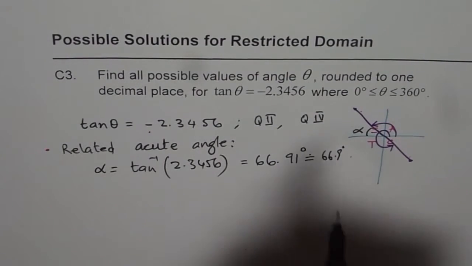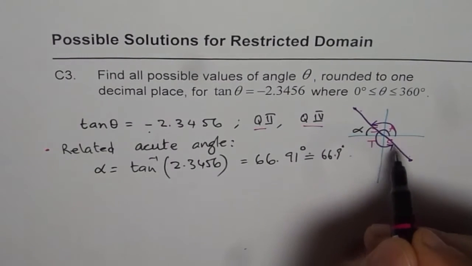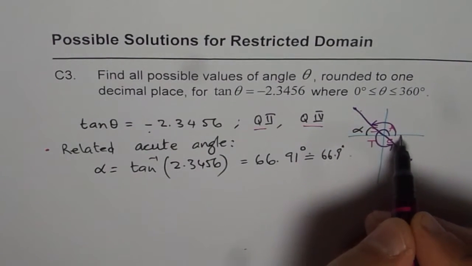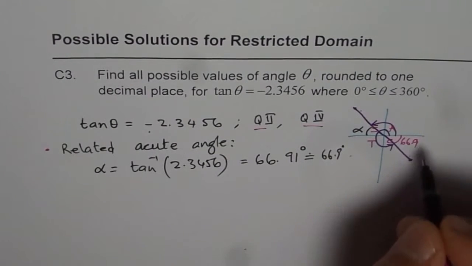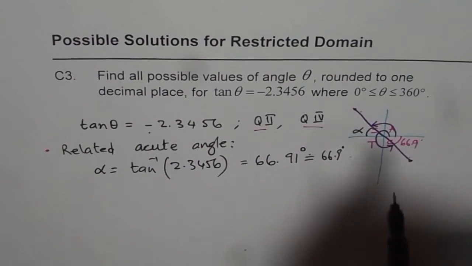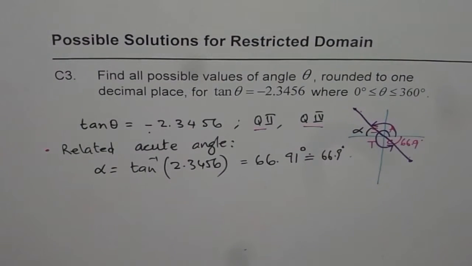That is the reason. So we know that our solution is in quadrant 2 and 4. Alpha could be this or this. So this acute angle is 66.9 degrees for us. Now, what is the principal angle theta?